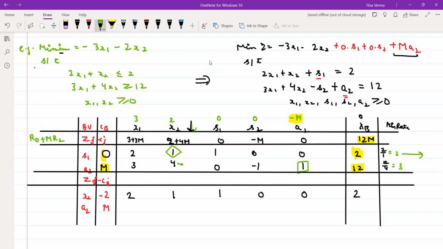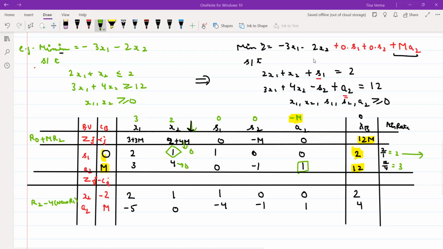So you have to make this element 0, this element as 0. So you can apply your row transformation. R2 will be R2 minus 4 times your new R1. When you apply this operation, this will be -5, 0, -4, -1, 1. This will be 4. And you have to make this also 0.